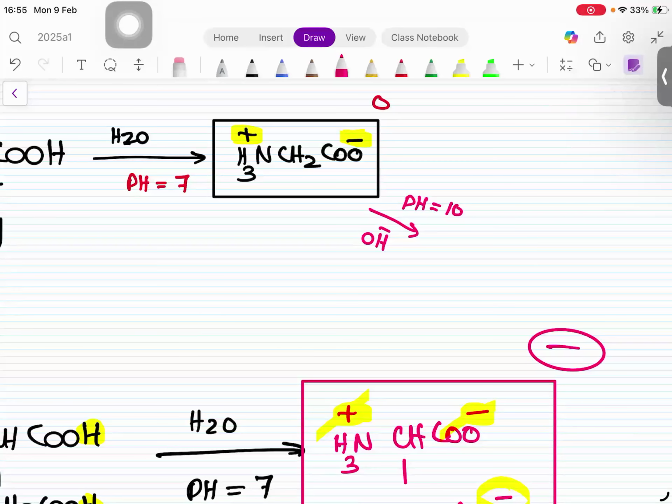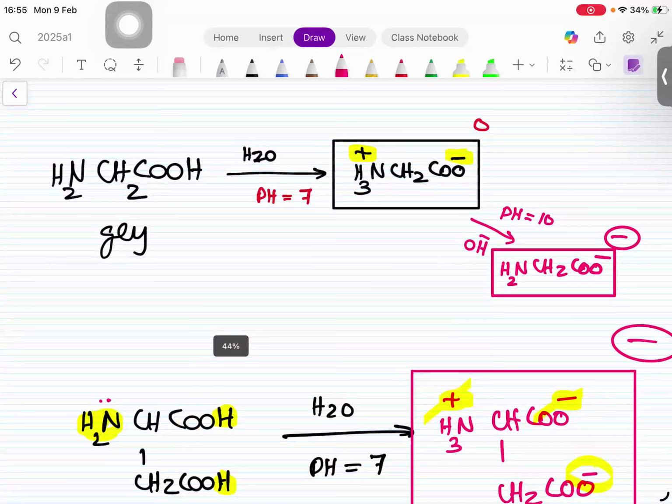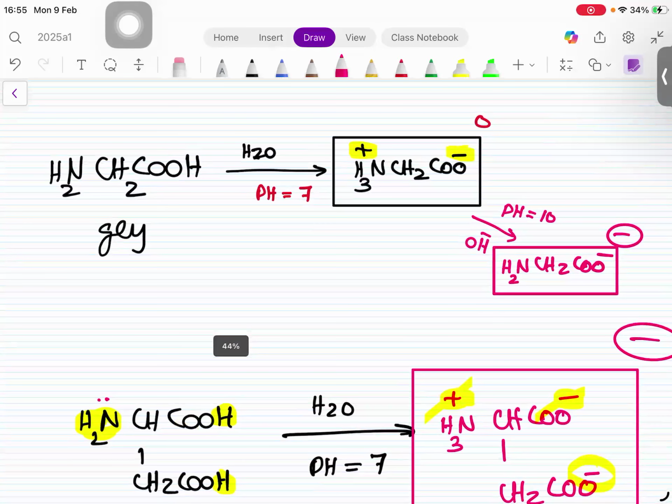NH3 positive. So it will turn into NH2, CH2, and COO negative. So at pH 10, the same glycine is not going to be a zwitterion. It is going to be an anion, a negative ion. And when you apply the potential difference, it's going to go to the positive plate, the anode, not stay in the center.